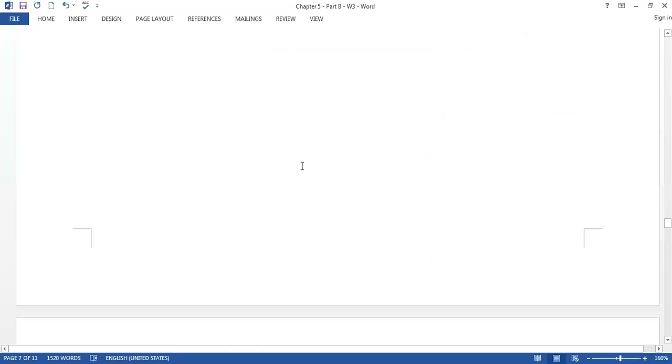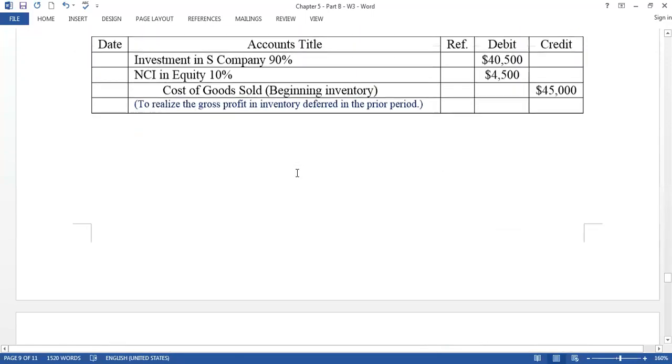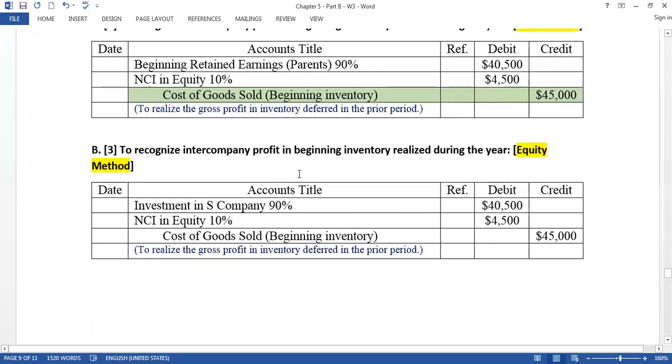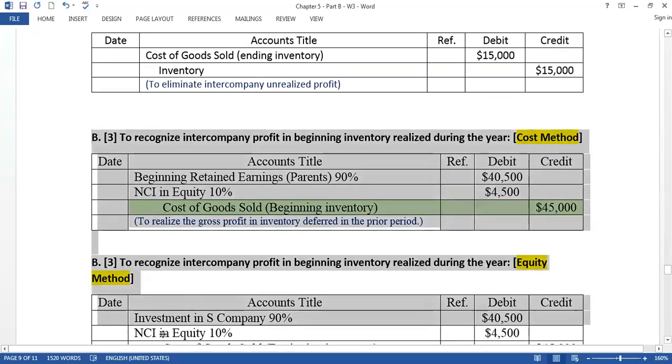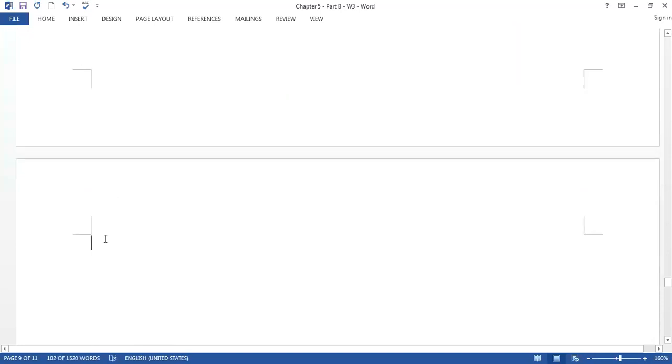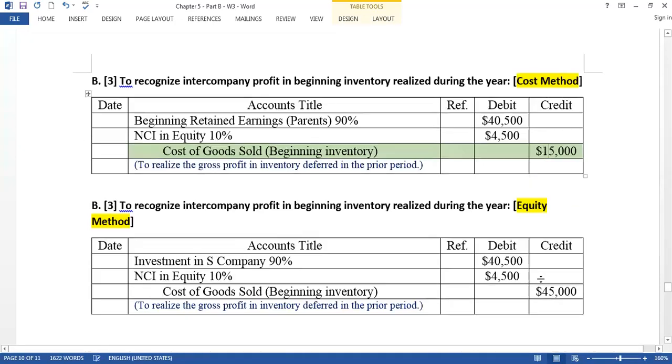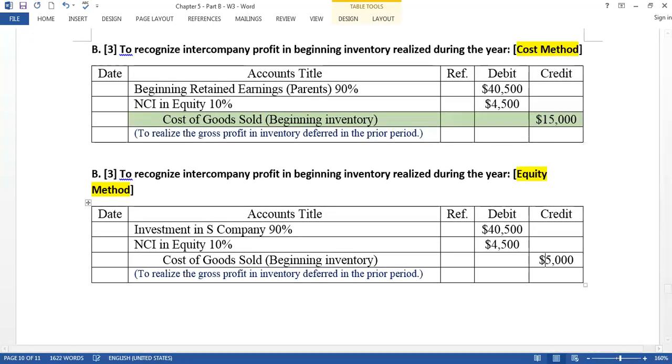Like this. And if it is upstream, that means we already have the journal entry. I can show you here. So this is the same thing we are going to do here. It is for 15,000, right?